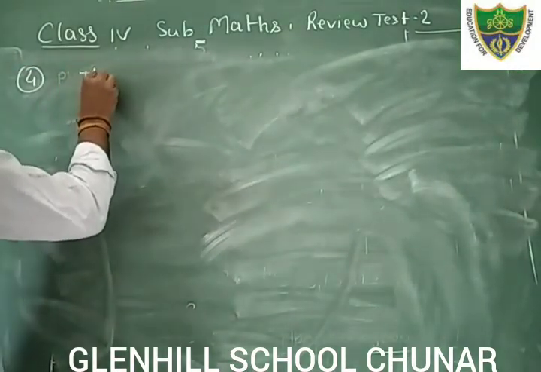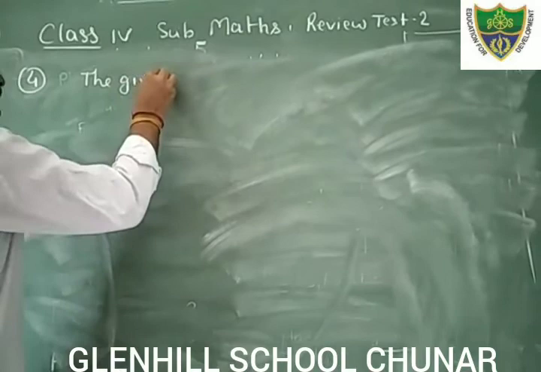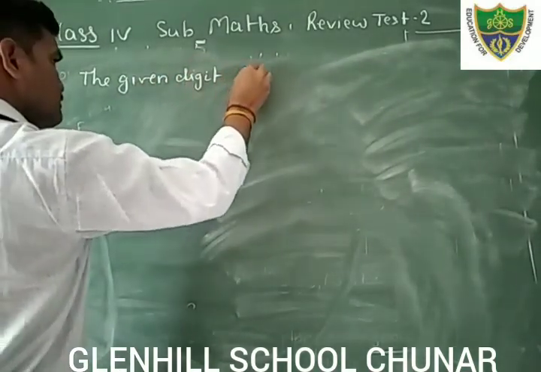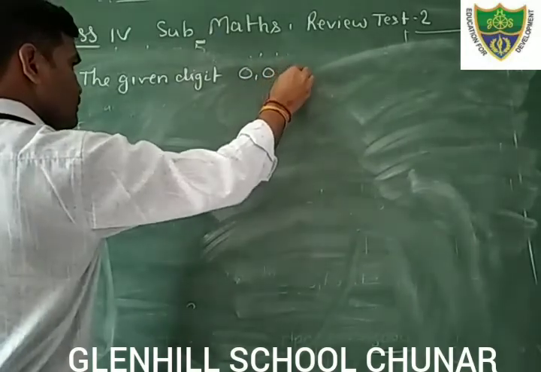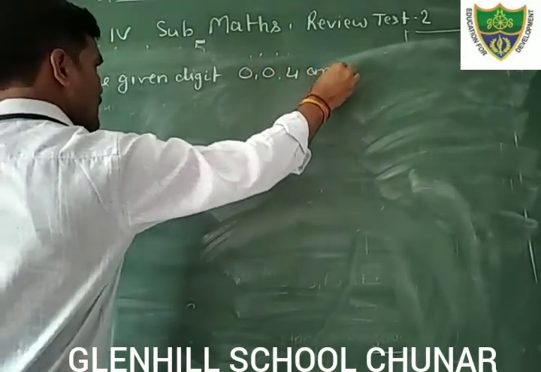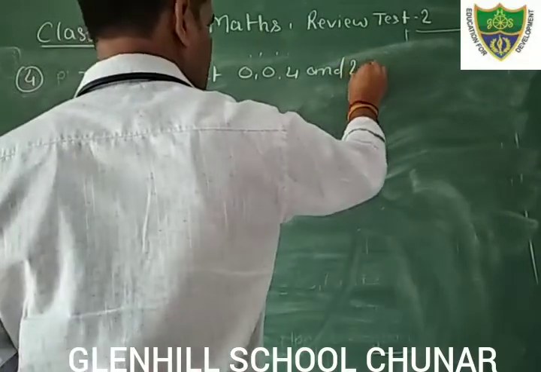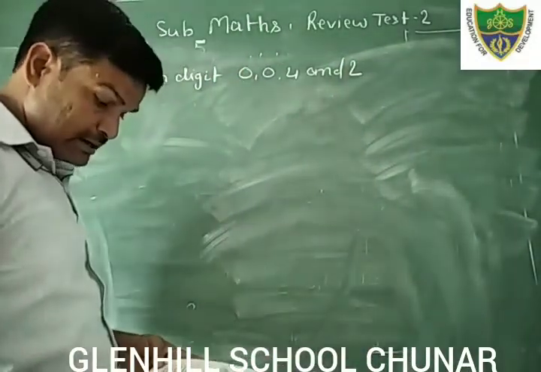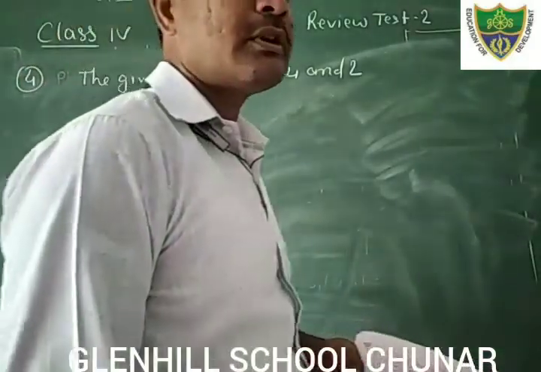The given digits 0, 0, 4 and 2. Here in the question it is given to write the greatest and smallest 4-digit number.